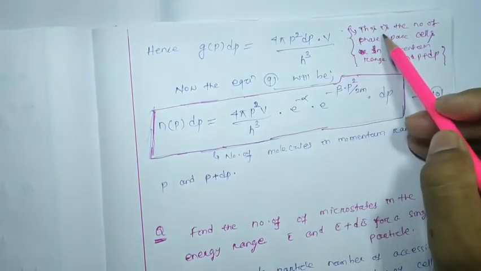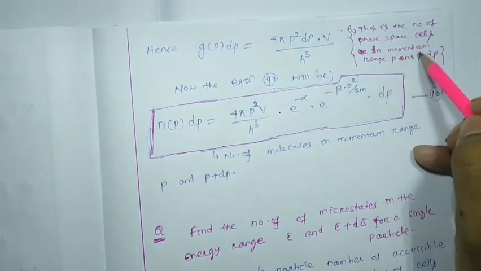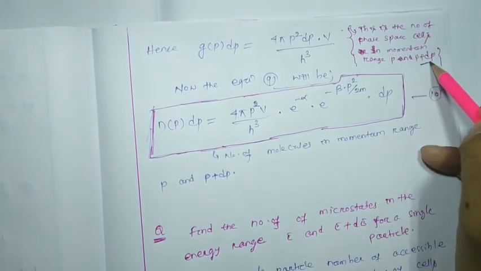This expression is the number of phase cells in the momentum range p to p plus dp.